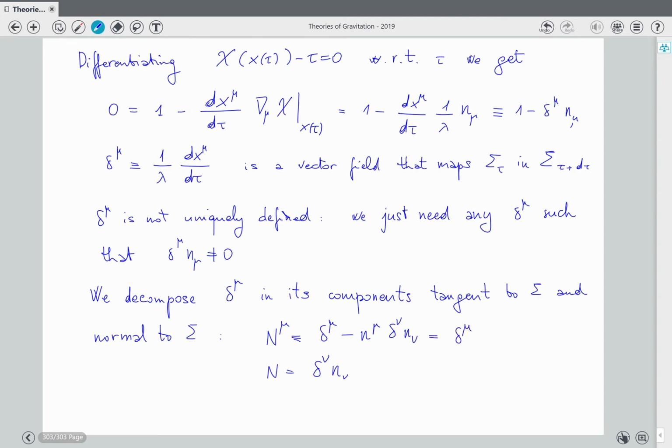So this is delta mu minus n mu capital N, or if you want, you can write delta mu equals capital N mu plus small n mu capital N.